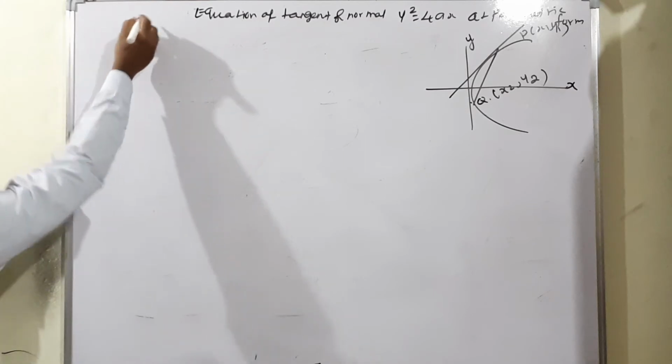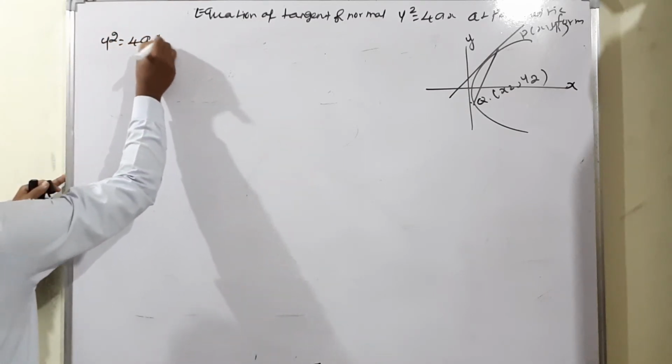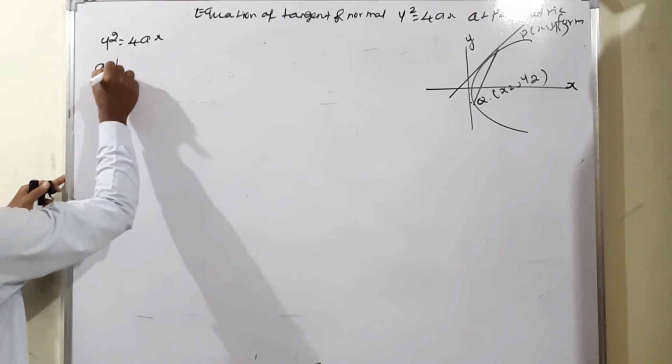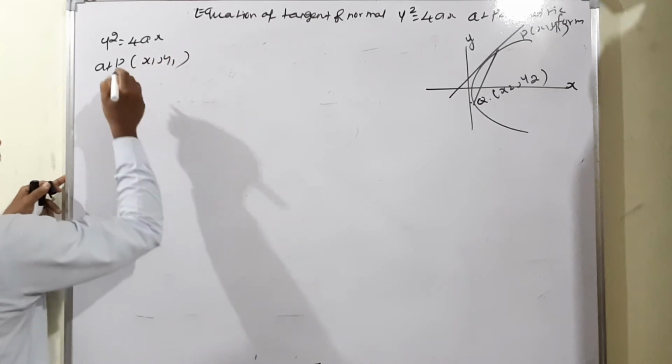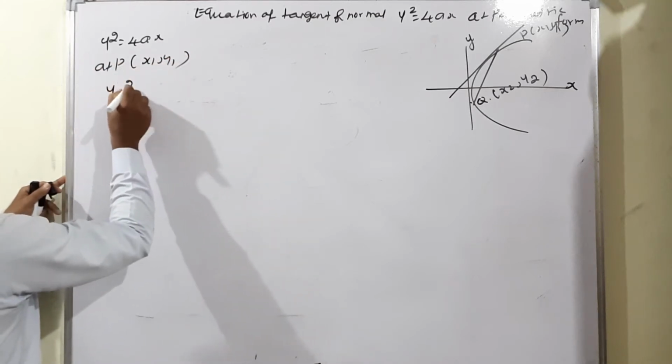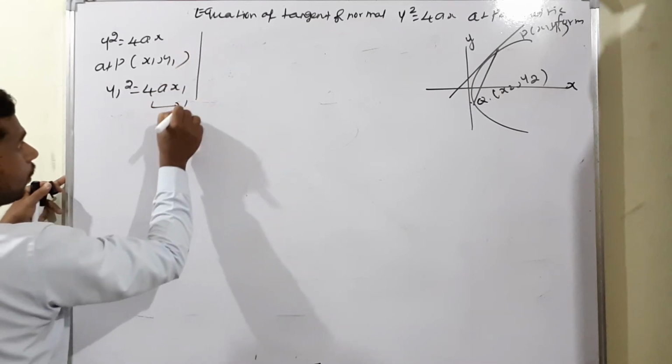The main condition is y square is equal to 4ax. For the first point P of x1 comma y1, instead of y square we write y1 square is equal to 4ax1. This is equation number 1.